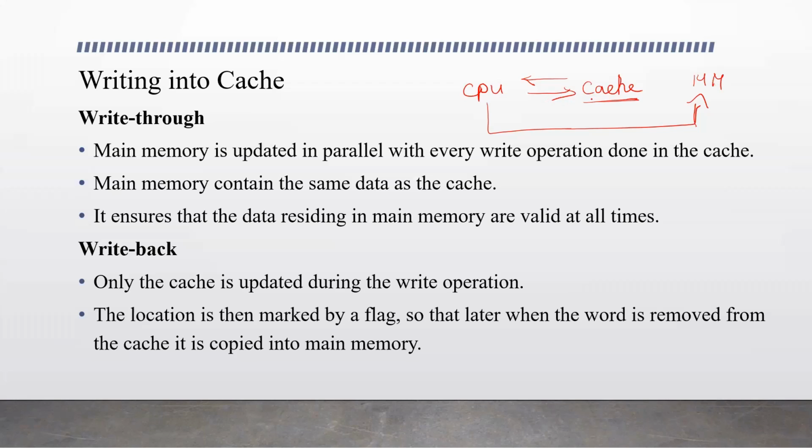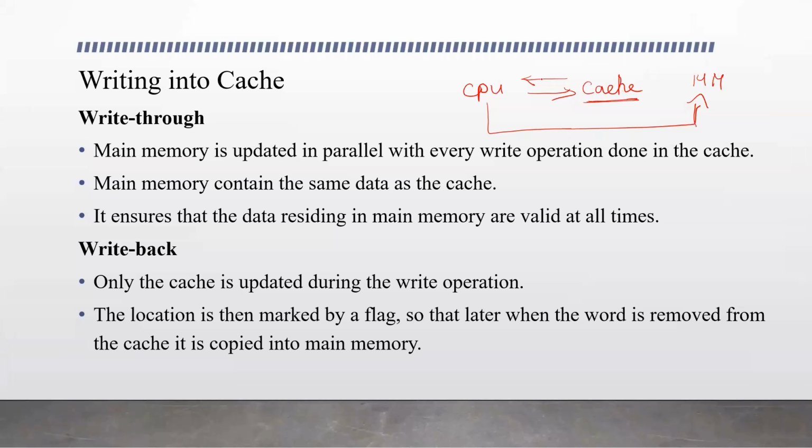So reading is simple. For writing, when the CPU wants to write data, the data is accessed from the cache, some changes are made through the program, and if it has to be written back, the data in the cache is updated.